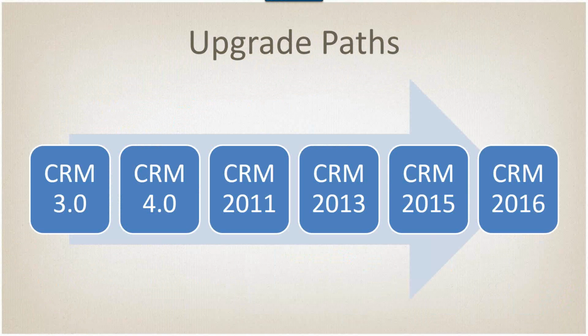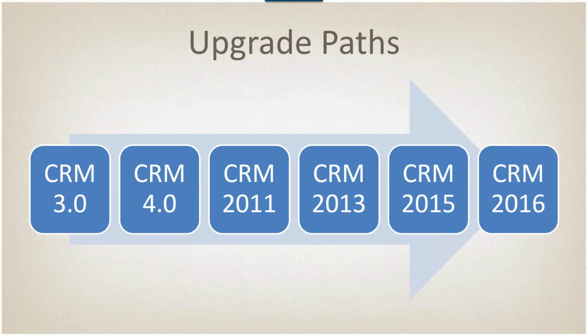So the upgrade path, depending on where you start, is going to be from CRM 3 to 4 to 2011 to 13 to 15 to 16. One of the things you have to keep in mind is you can only move one step at a time. So if you're on 4.0 and you want to go to 2016, you're actually going to have to create 3 temporary servers in the middle to act as intermediaries to upgrade the system from one level to the next.